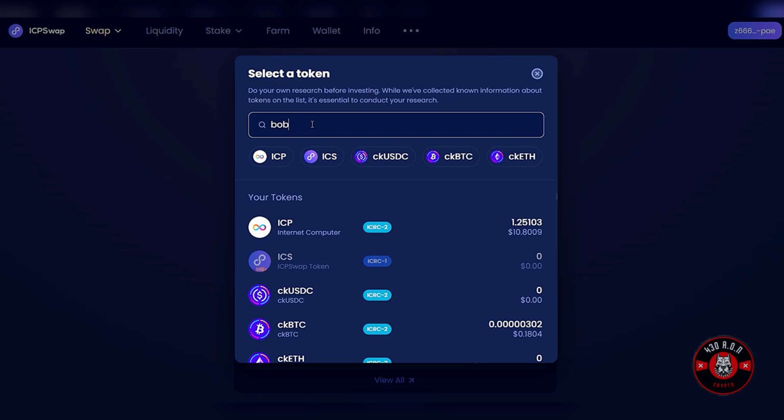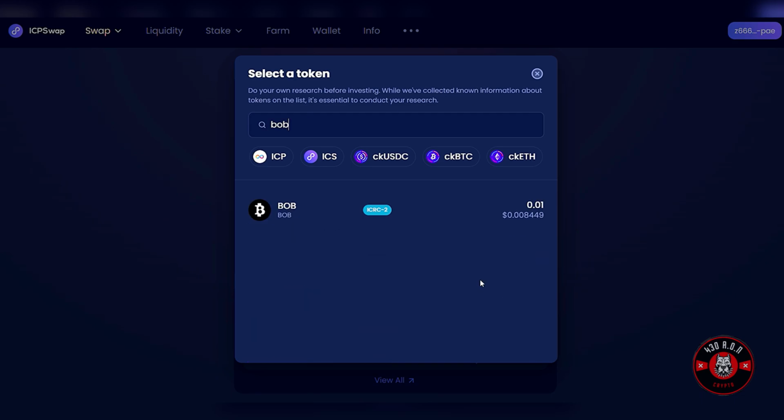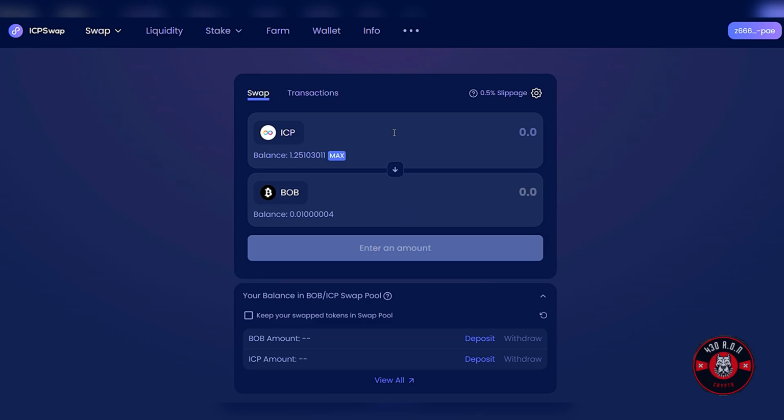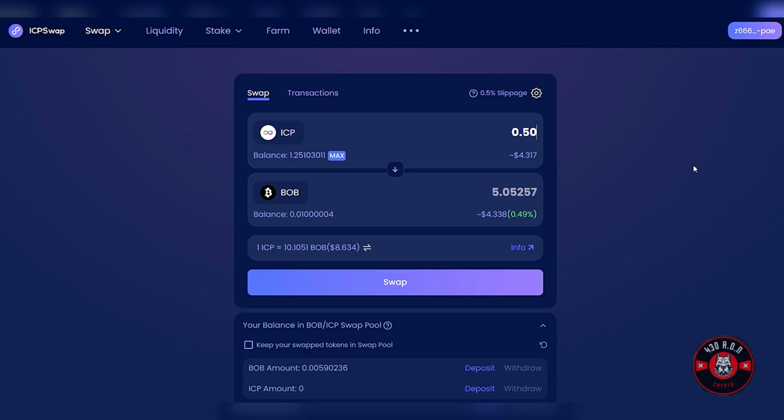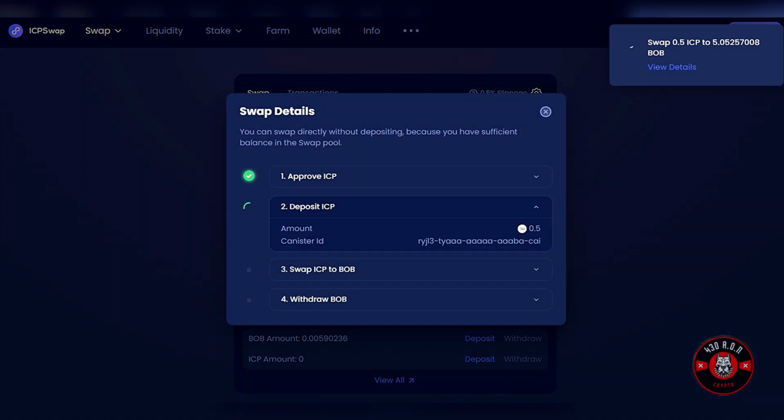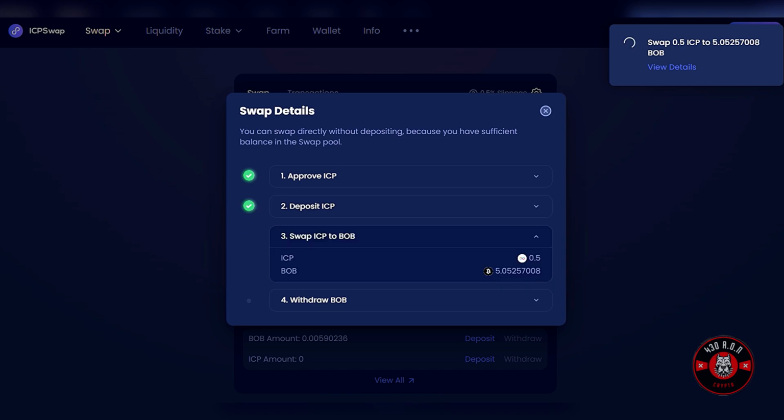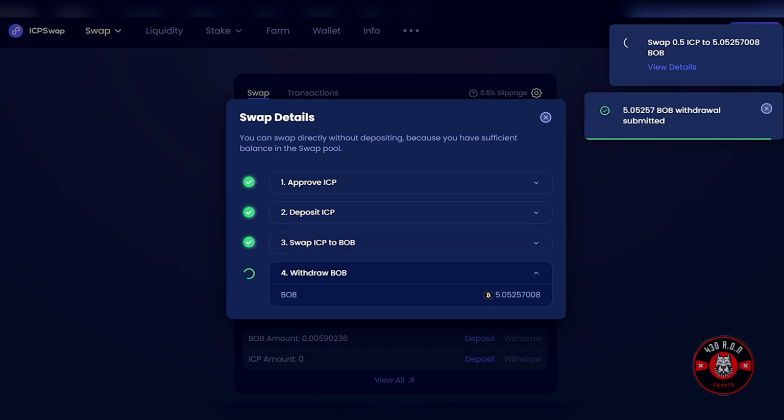For this example, I have 1.25 ICP, but we're only going to use one ICP. I'm going to swap half of my ICP and get about 5.05 Bob tokens. When this swap is completed, we're going to pair together ICP and Bob, and increase our liquidity over in our LP position.